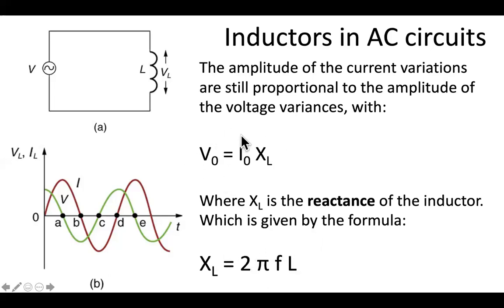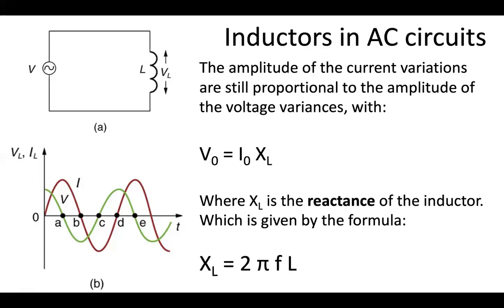So this is the analog of Ohm's law for alternating currents with an inductor. And the important thing to note here is it doesn't care about the voltage amplitude or the current amplitude, but it does depend on the frequency of these signals.